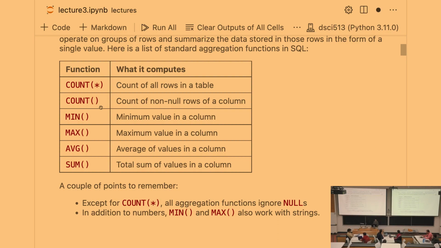Okay? So that's one very important thing about the count function. Other than that, here I have a note that min and max will work with numbers as well as with strings. That's all there is to these functions. So let's move on and see how we can apply them in our queries.